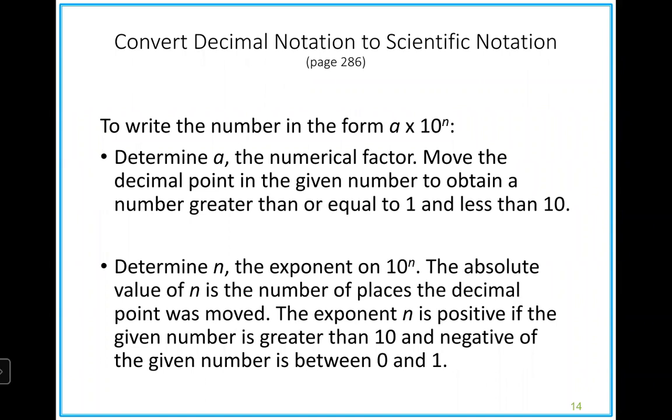Determine n, the exponent, okay? The absolute value of n is the number of places the decimal point was moved. The exponent n is positive if the number is greater than 10 and negative if the number is between 0 and 1.